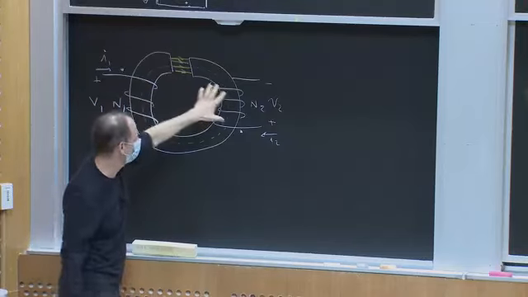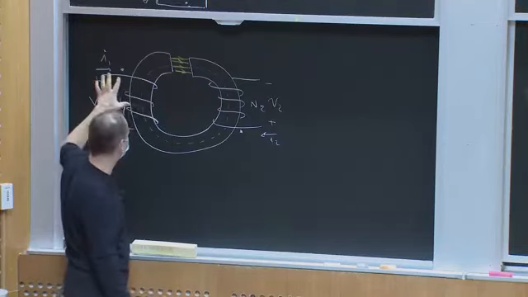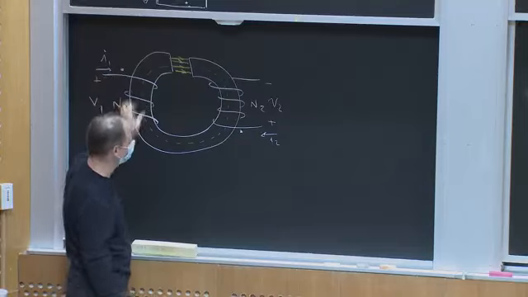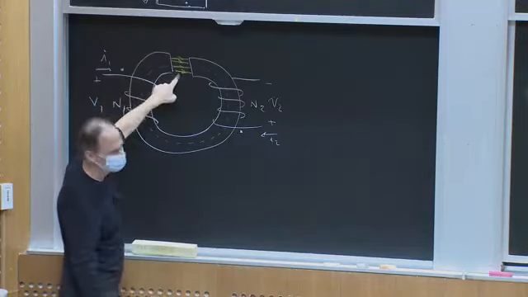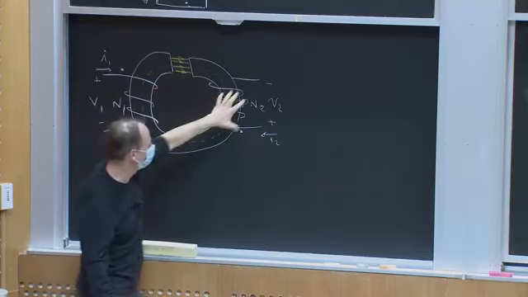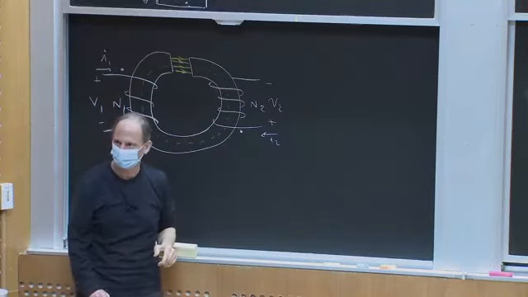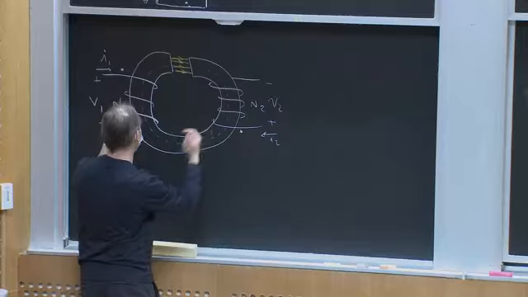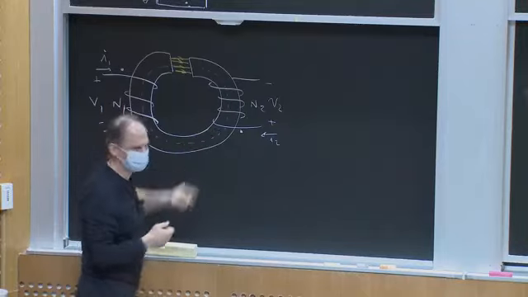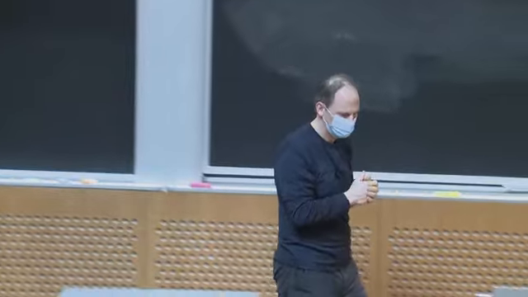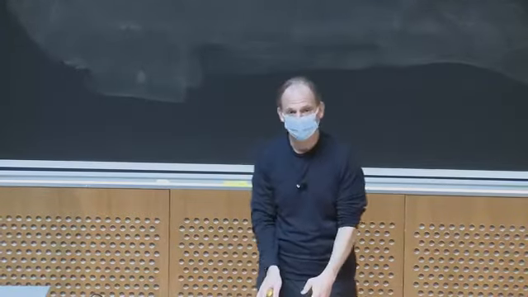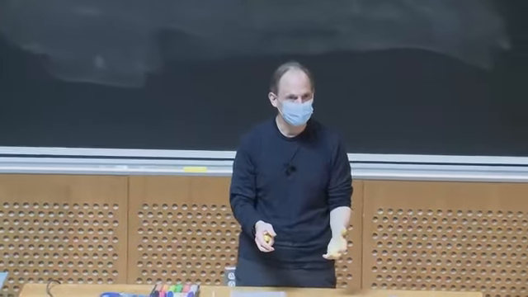So basically, I can think of this as an inductor from either side, but it's like an inductor with an extra winding, and I can carry current in this winding to match that energy storage, or I can carry current in this winding to match that energy storage. And of course, the amount of current I need depends on the number of turns. Okay, so I can rescale the amount of current I have. Does that make sense?